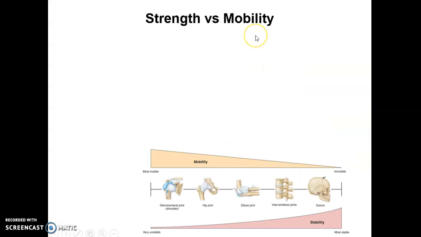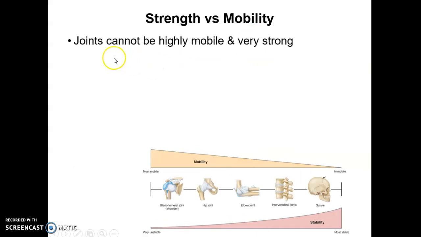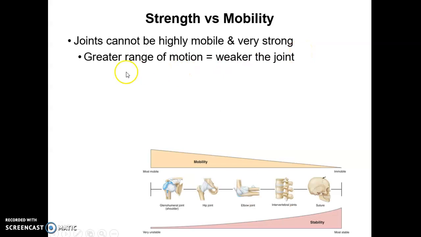A little bit on strength and mobility of joints. So joints can't be highly movable or mobile and really strong, structurally strong. There's a trade-off. So the greater the range of motion, the more mobile a joint is, structurally it tends to be weaker. If we look at this little figure down here, the greater mobility of a joint, the less stable the joint.